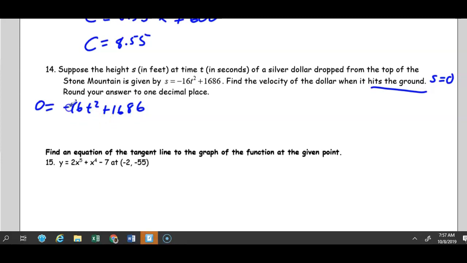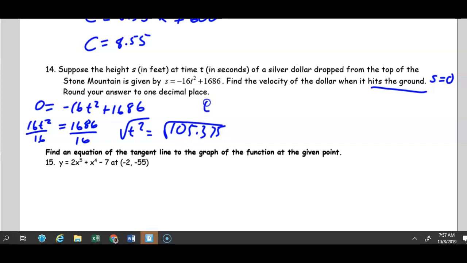I'm going to add 16t squared to both sides, so 0 plus 16t squared is 16t squared equals 1,686. Then we divide both sides by 16, so I get t squared equals 105.375. And then we square root both sides. I get t equals 10.277. So I know what t is now.